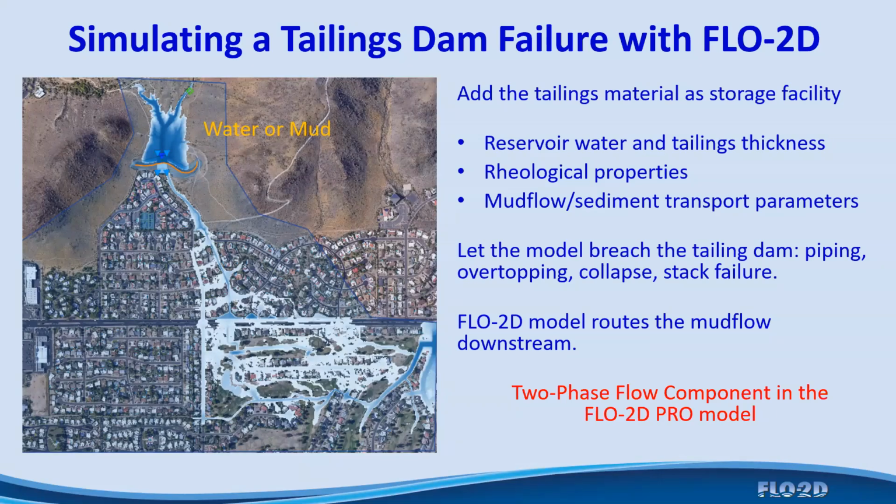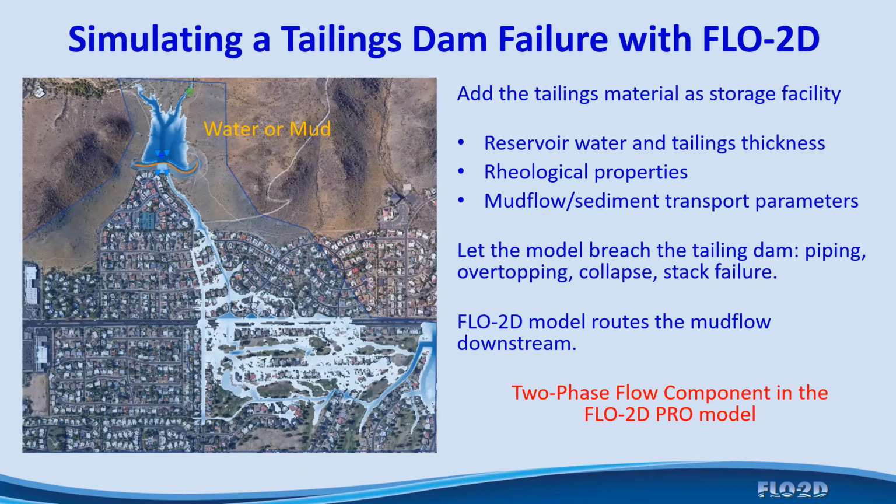Once you enter all this data, you can use the two-phase flow component, which is a pretty recent component in FLO-2D. Well, it's already 2 or 3 years that it has been in FLO-2D, but it's the latest component that we have added to the FLO-2D model. And using that two-phase flow component, you can route the mud flow downstream in the domain.